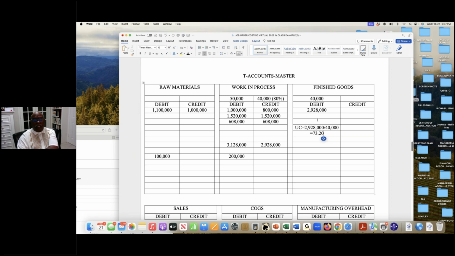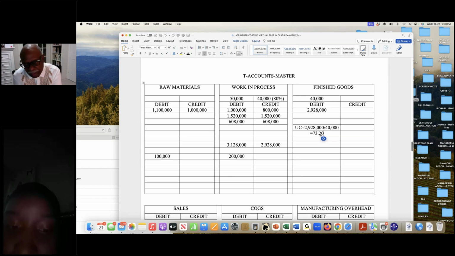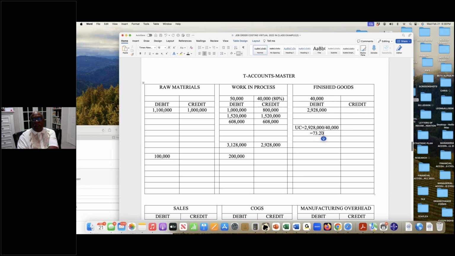And so that 2,928,000 that we transferred in, we divided by the 40,000 books that were actually made. And so rather than the $68 that we had planned, our cost becomes $73.20. Got it. Thank you. You're welcome.